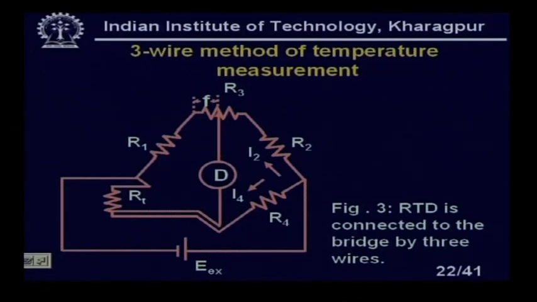Ultimately, it is a galvanometer, or you can say just a multimeter or voltmeter. So, if there is a little increase or decrease in the contact resistance, nothing will happen. It will simply make your detector more sensitive or less sensitive.